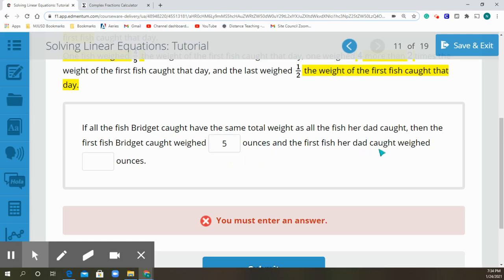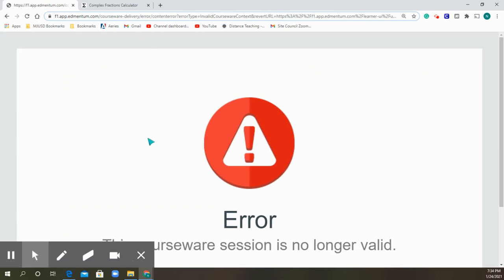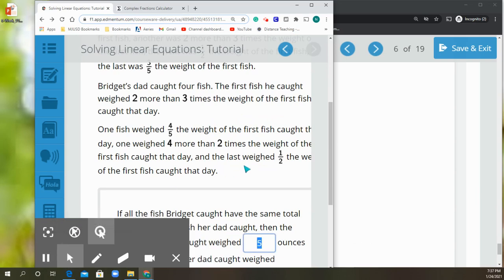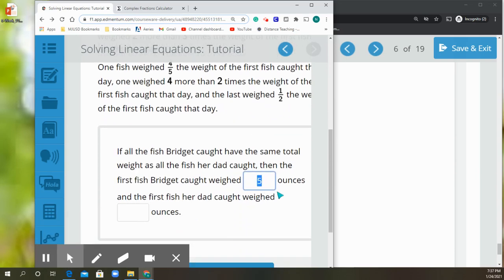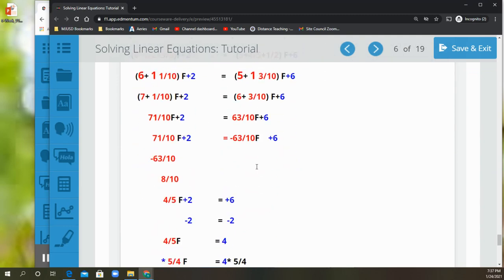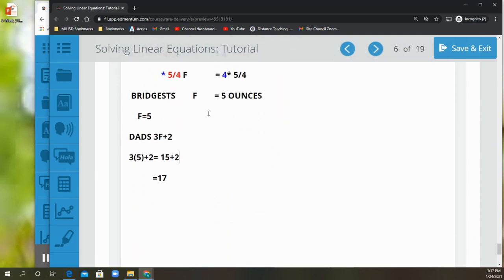And the first fish her dad caught weighed how many ounces? Okay, now we have to go back. My course session is no longer valid. Okay, I'm back. Whew. So Bridget's first fish caught weighed 5 ounces. We figured that out through doing all of that work.